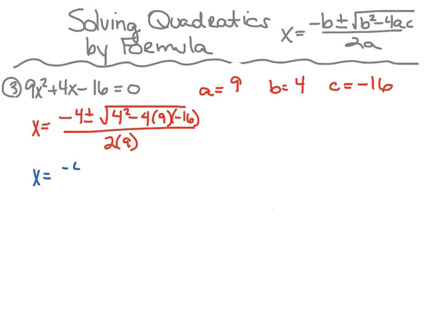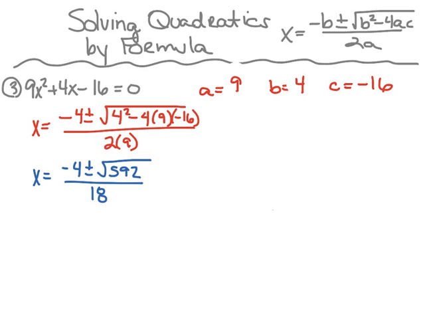Alright, so we start off with a negative 4 plus and minus the square root of something. If I enter this into my calculator, 4 squared minus 4 times 9 times a negative 16, I'm going to end up with 592. My denominator, if I multiply 2 times 9, I get 18.